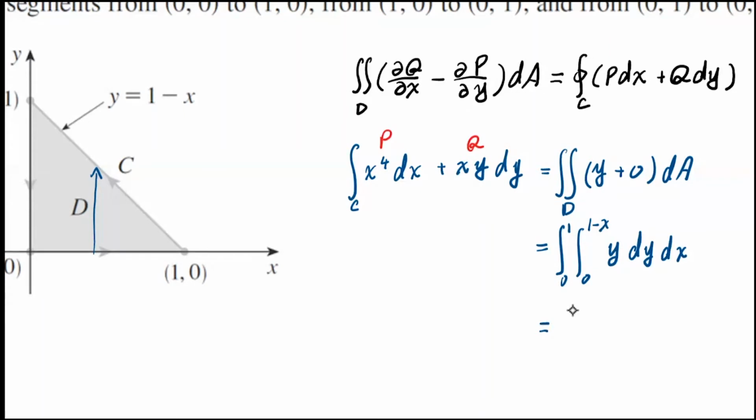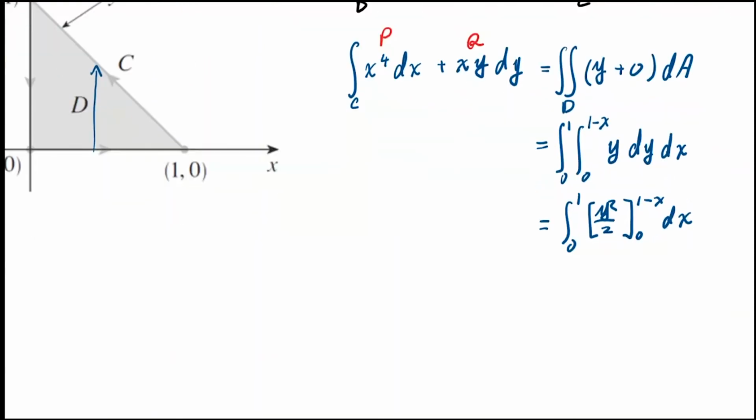With me? 0 to 1, and this is y squared over 2, evaluated from 0 to 1 minus x, dx. Good. Okay. I'm going to take out 1/2 to the outside, and then I'm going to substitute and square it. It's not that bad. Suck it up and do it. So we have 1 minus 2x plus x squared.